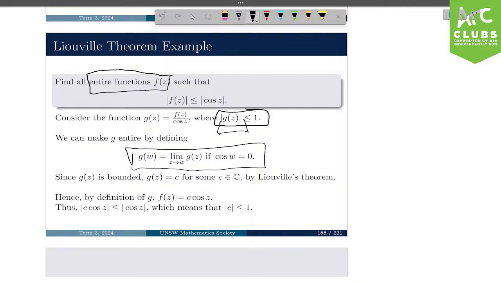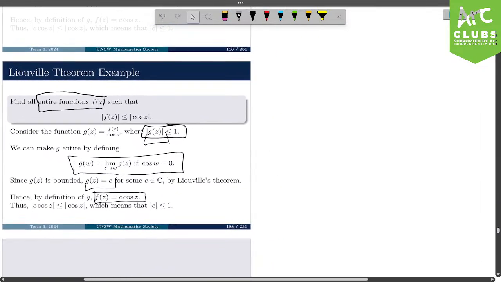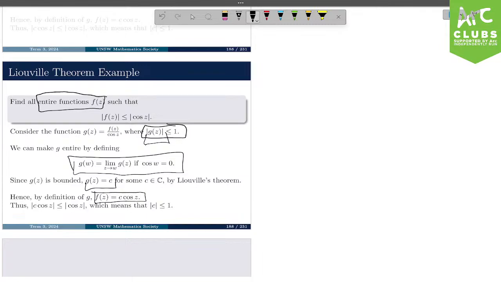And therefore, g of z must be a constant, and so f of z must be some constant multiple of cos of z. It's a funky little way we work around the problem by saying, okay, Liouville says entire, we're halfway there, it needs bounded. How do we get bounded? We need some constant somewhere, we just divide it, and it is a composition of elementary functions. Alright.